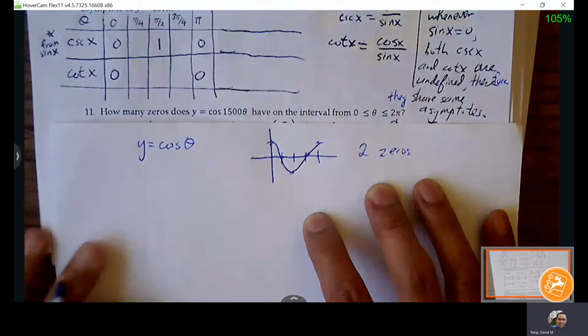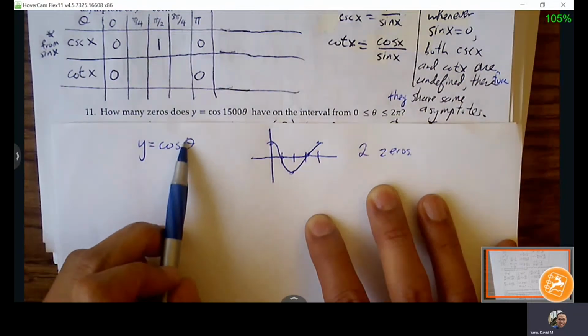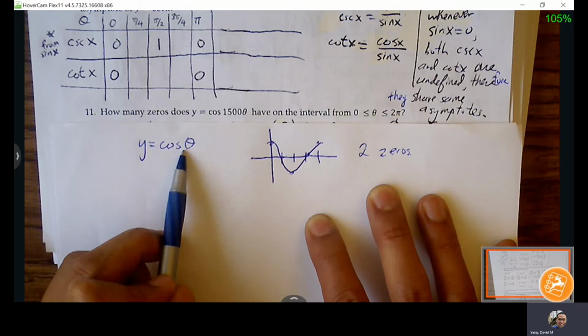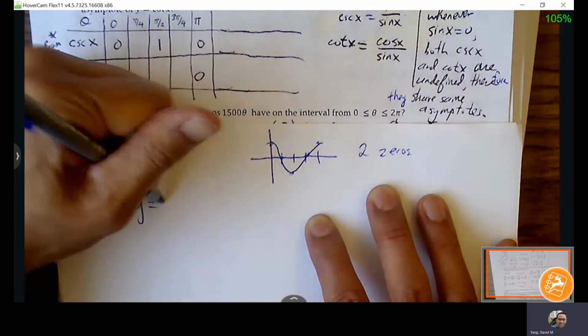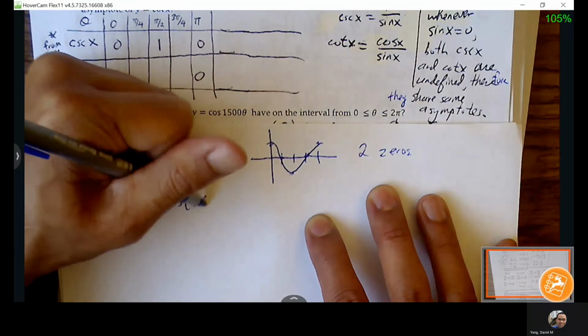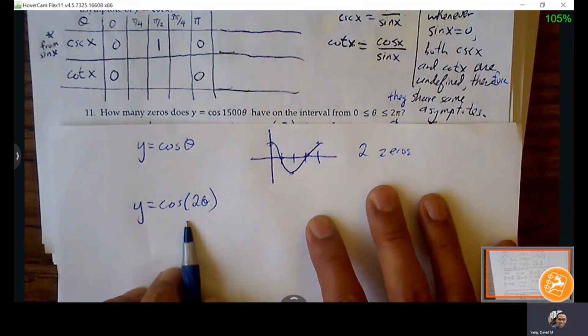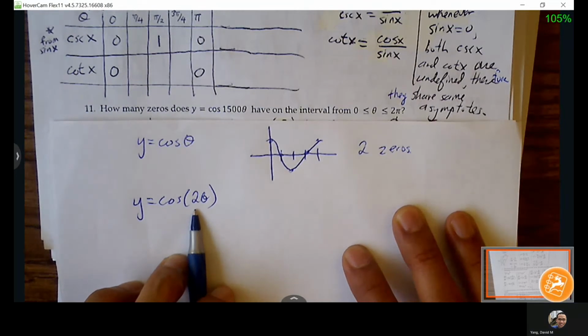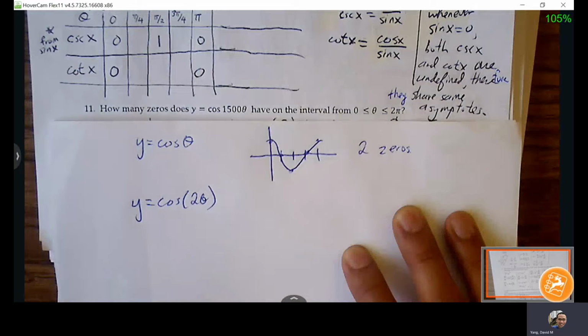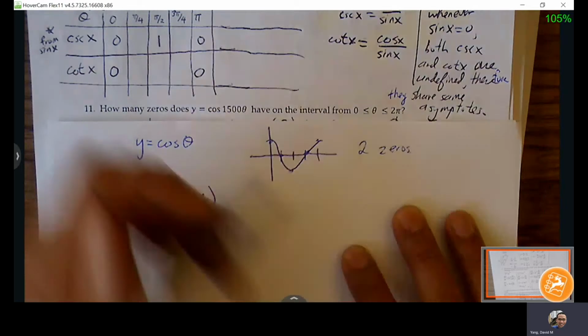What if we just increase the value of the coefficient, but let's do a number that's more manageable. Let's do cosine of 2 theta. What does this graph look like? What's the period going to be for cosine of 2 theta? Pi. So that means it's going to complete its cycle in half the time, right?